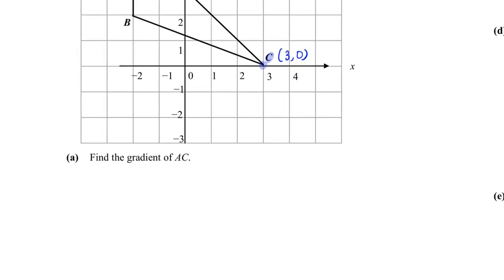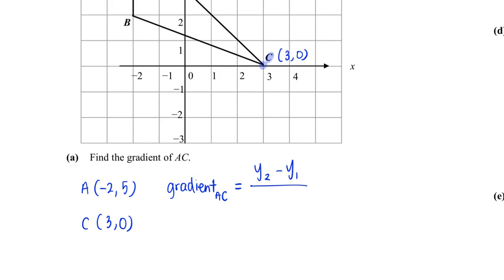So usually I also like to write it here as well, so that it is easier for us to refer to. So my gradient of AC will then be equal to, remember, (y2 minus y1) over (x2 minus x1).